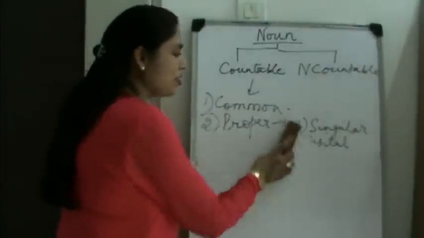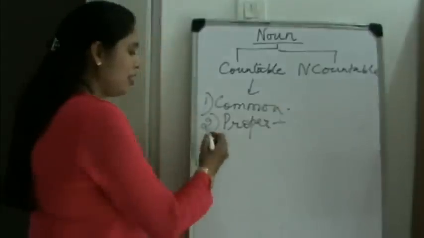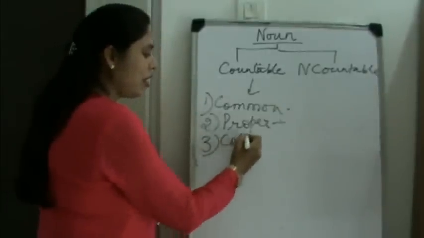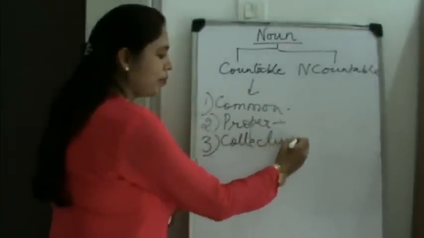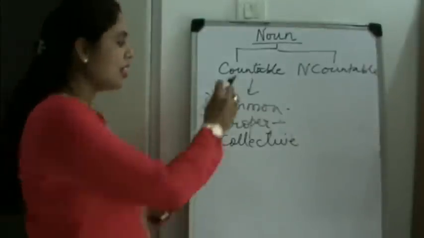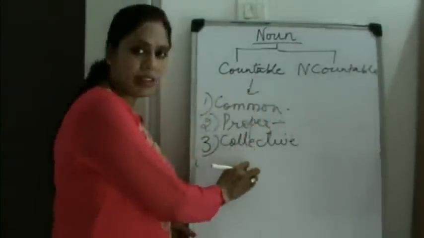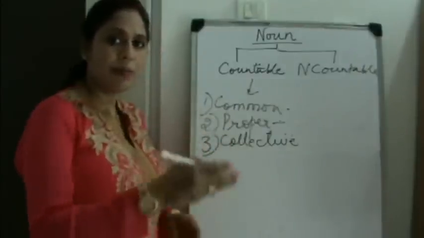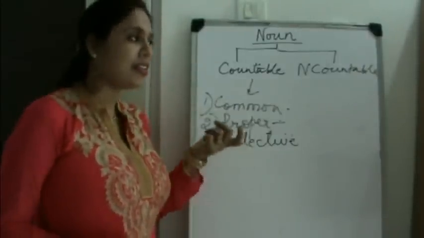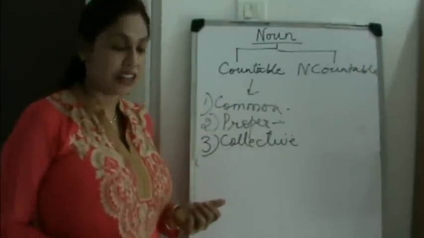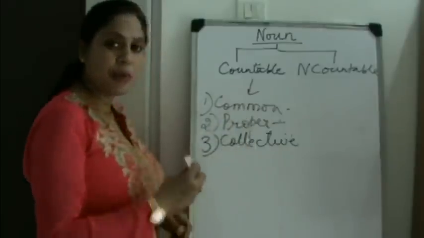The third one which I am going to take up today is the collective noun. If I take up a group of nouns which are similar and make a collection out of them, there is some similarity in that collection. So I give it a particular name.